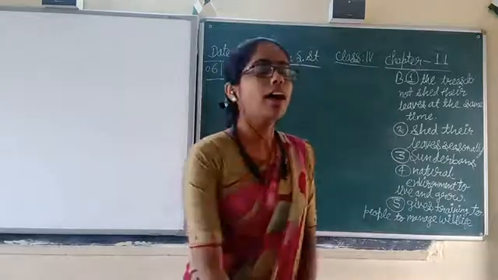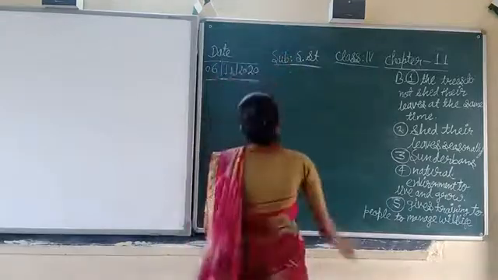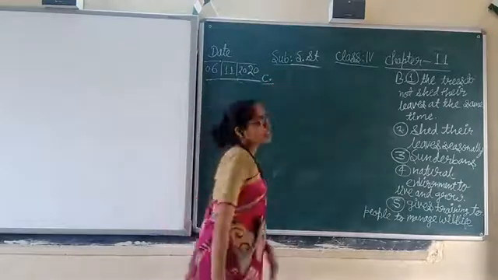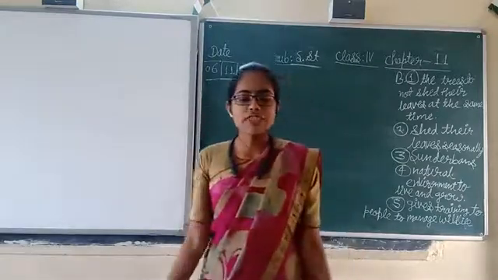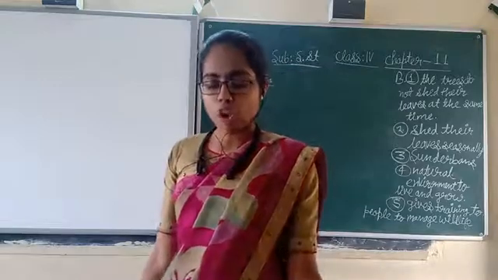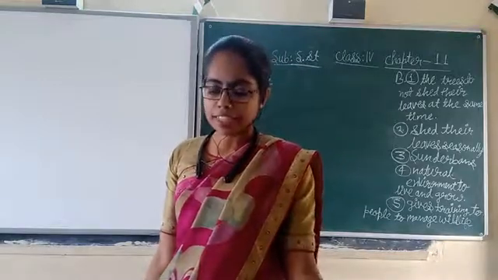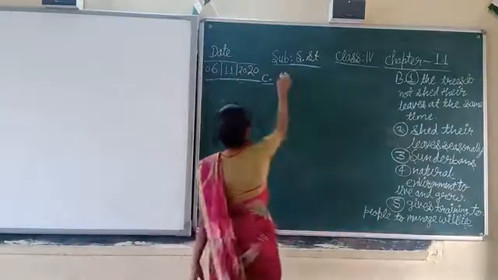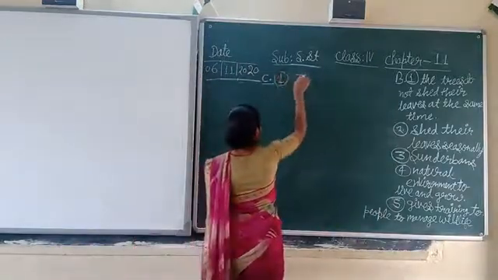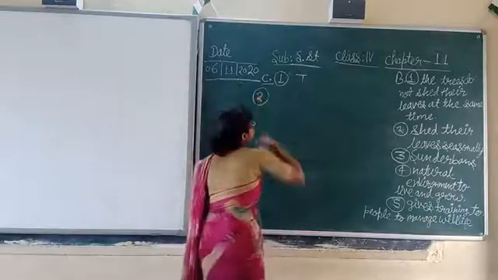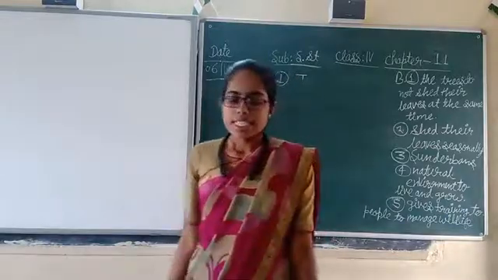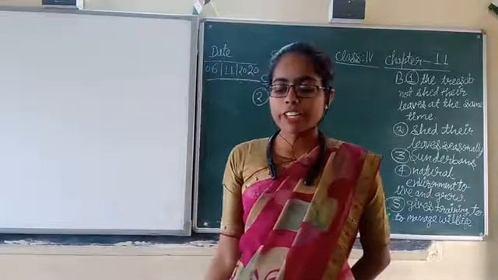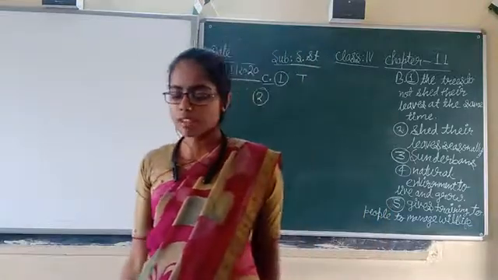Now we will do the third exercise. Write T for true and F for false. First one, forests stop the moisture-laden winds and cause rains. This is true, and for true we write T. Second one is coniferous forests are often found on hills and mountains.